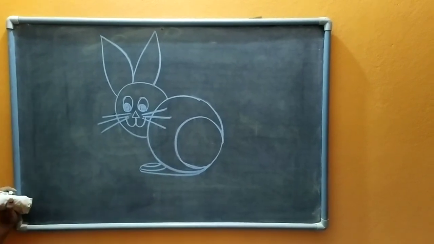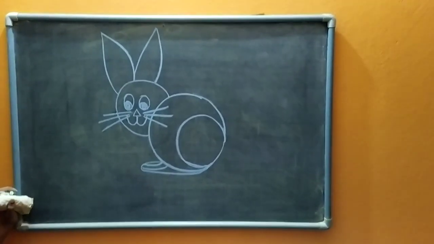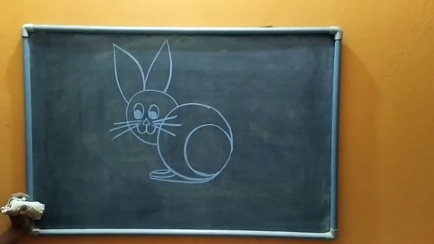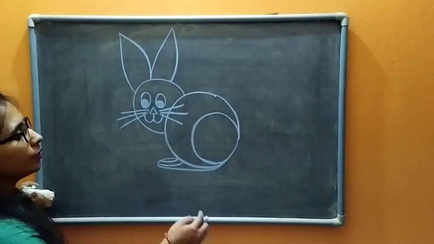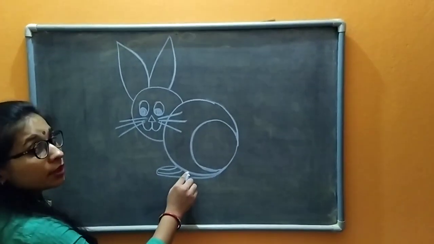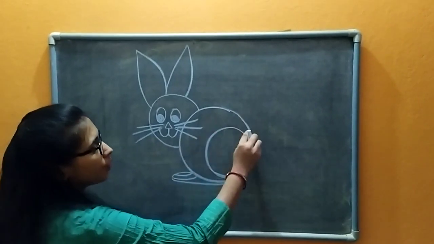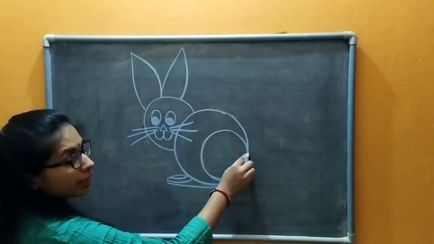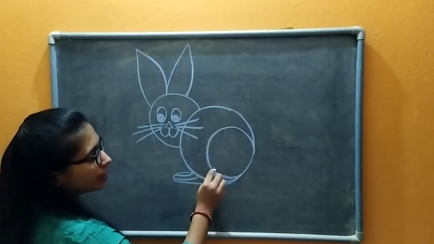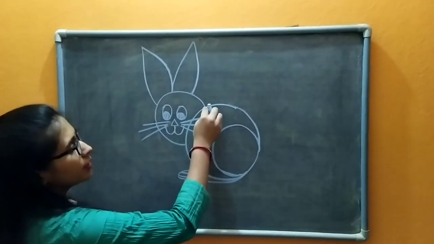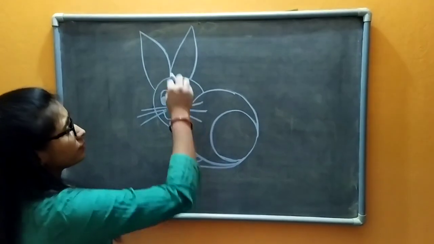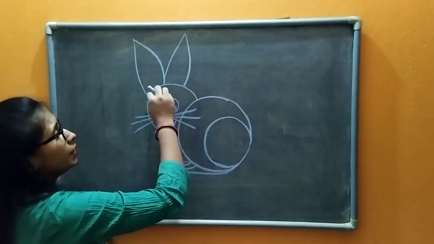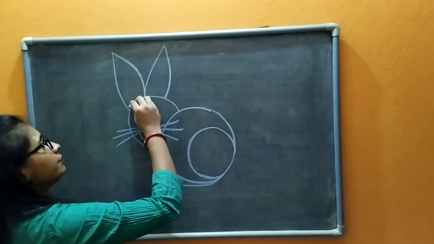I have drawn a rabbit from a circle. So, what we have to do first? First we have to draw this circle, then from here we have to draw another circular figure, then this one, then I have drawn 2 ears, okay.